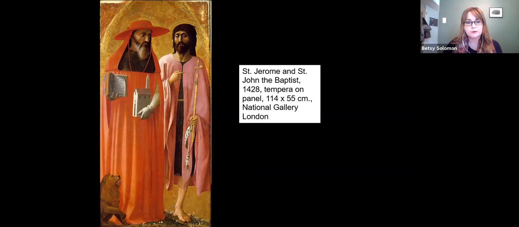So he holds a Bible. And the particular church that this was created for was the Church of Santa Maria Maggiore in Rome. And St. Jerome was thought to be buried underneath that church. So he was a patron saint of that church. So he holds this little church model in his hand because that becomes an attribute as well.